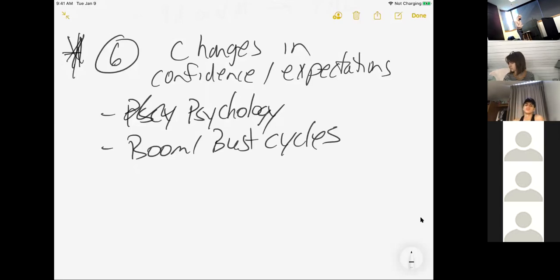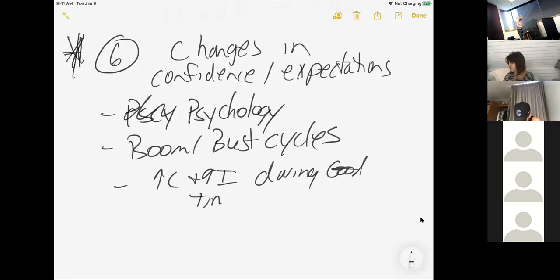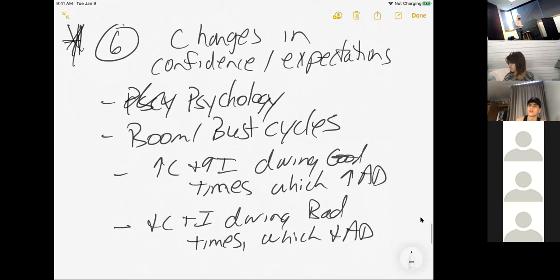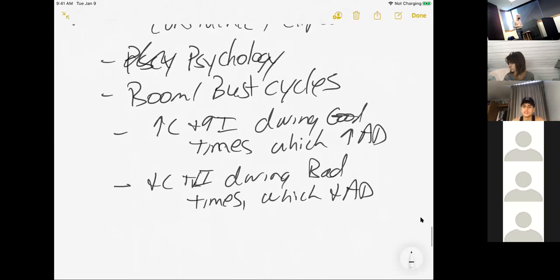And so what this does is this tends to increase C and increase I during good times, which increases aggregate demand, and it tends to reduce consumption and investment during bad times, which reduces aggregate demand.